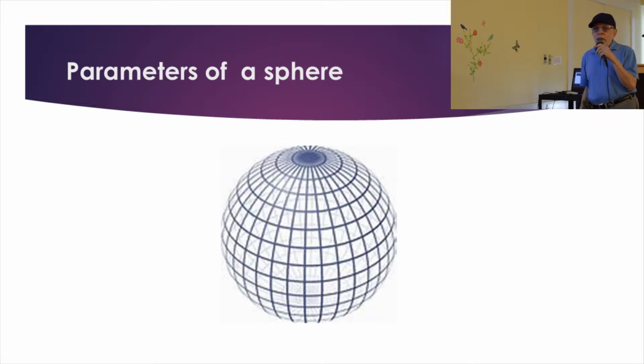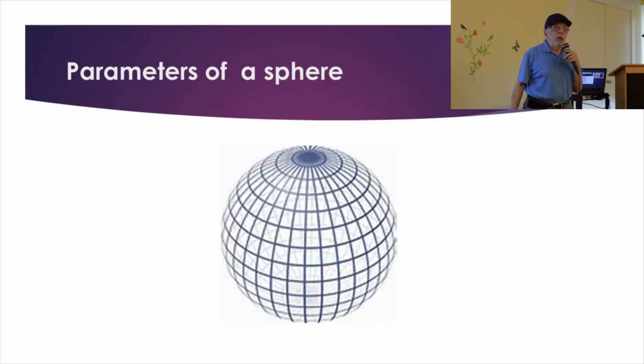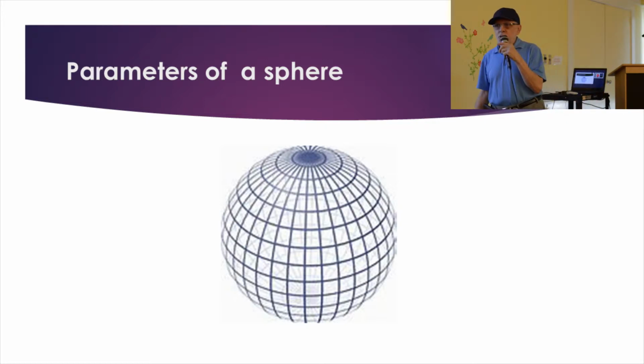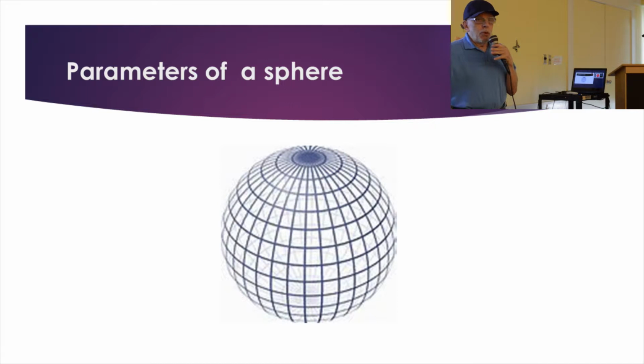We have to talk now about the parameters of the sphere, because I want to eventually explain something called the inverse square law, which basically says that if you double the distance to an object or to a source of light or radiation of any kind, the signal will be reduced to 1/4.